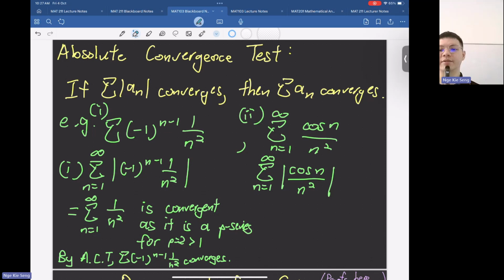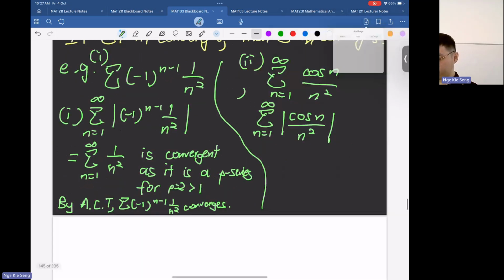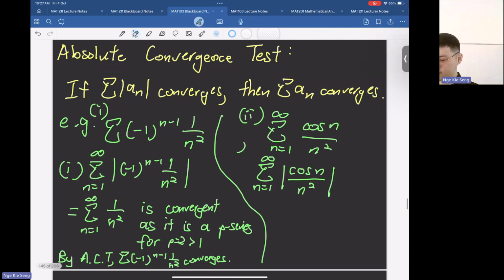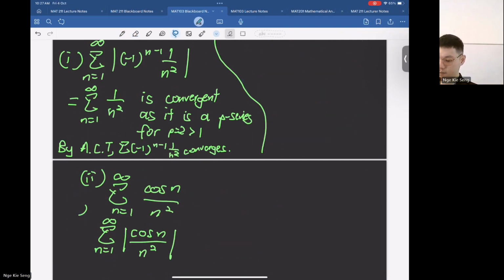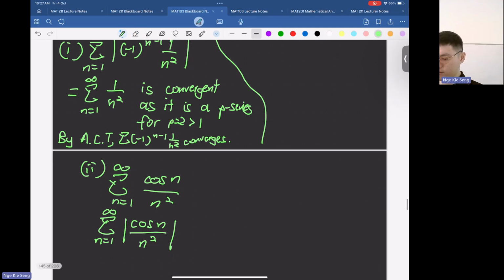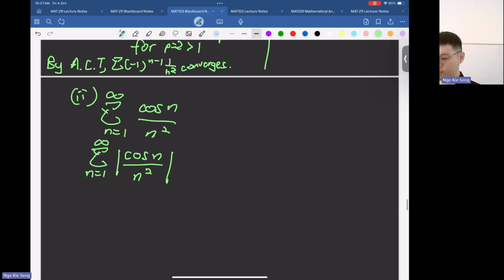Limit comparison test. So which series do you want to compare? Well, maybe you can try it. So you say you want to do the limit comparison test, comparing to 1 over n squared.